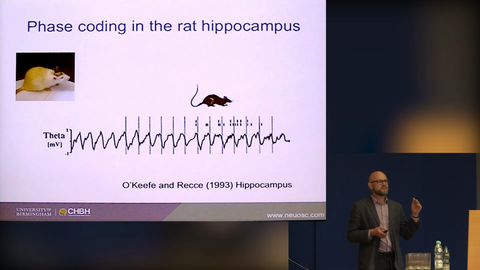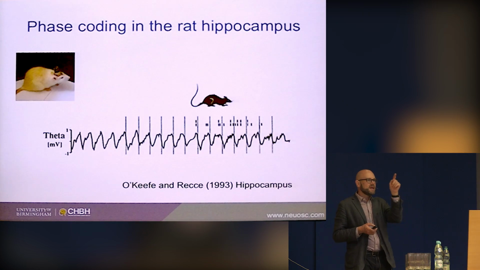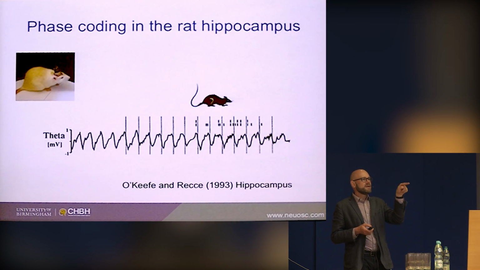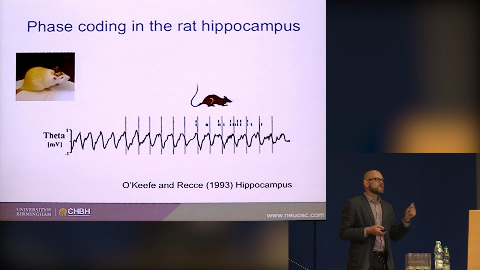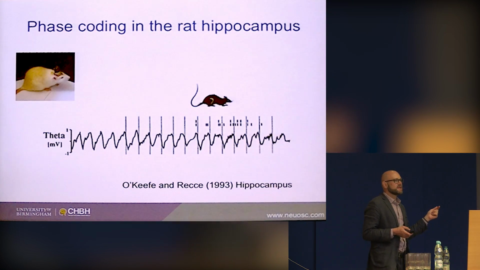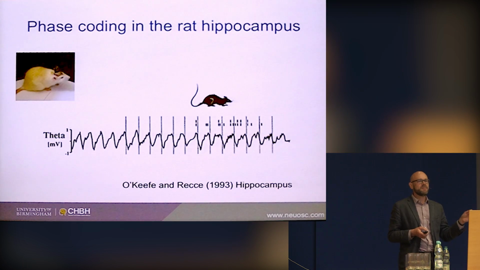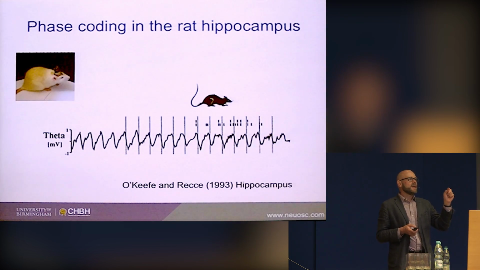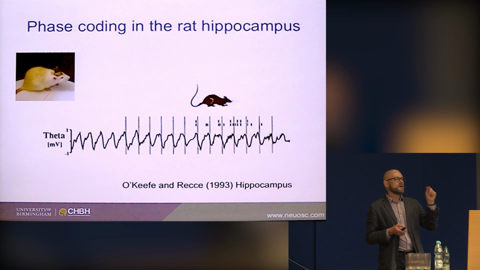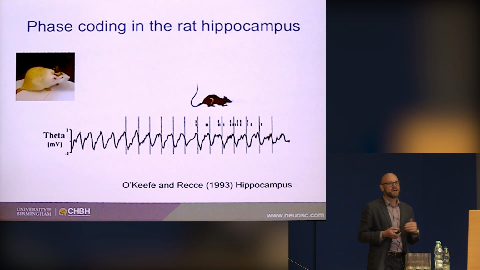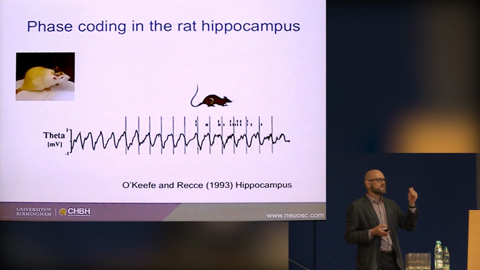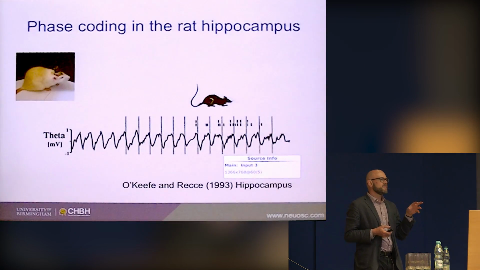What you now should appreciate is that as the rat enters the place field, and the place field is defined by the firing of the spiking as you see there, right? As the rat moves through the place field, first you see the firing being late in the theta cycle, and then the firing goes to earlier and earlier phases of the theta cycle. So when the rat is leaving the place field, the firing is quite early in the theta cycle. What does that mean?